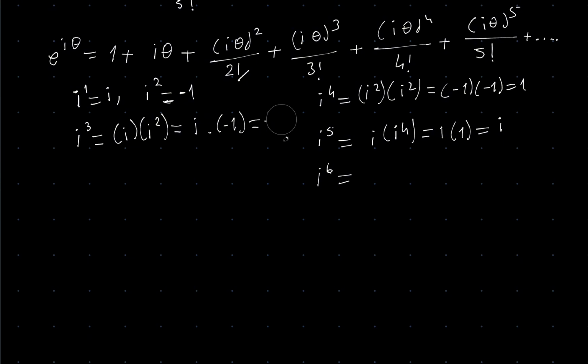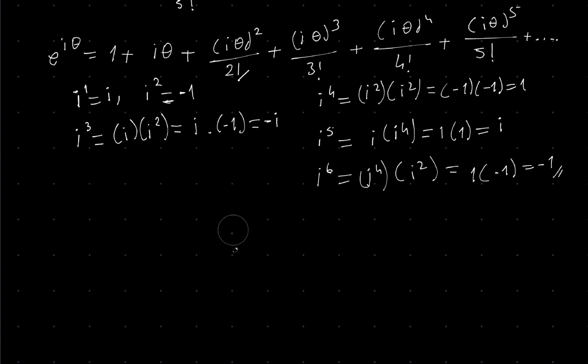I to the 6, if our assumption is right, will be -1. Circle assumption. So I to the 4 times I to the 2; I to the 4 is equal to 1, and I to the power of 2 is equal to -1. So that is -1. Yeah, it's true.